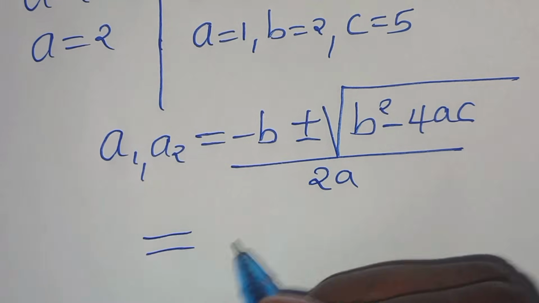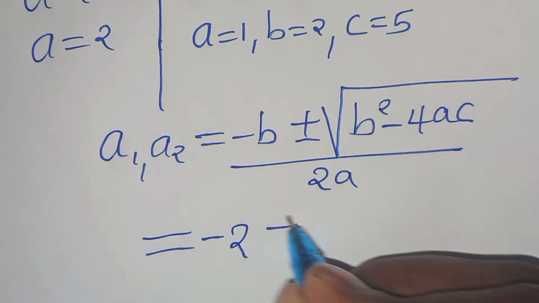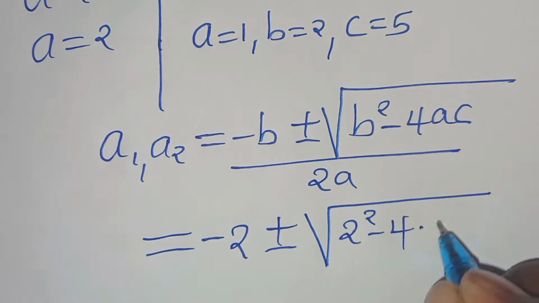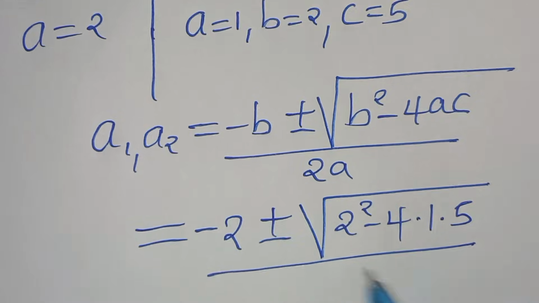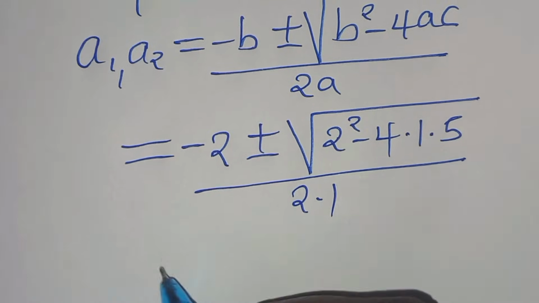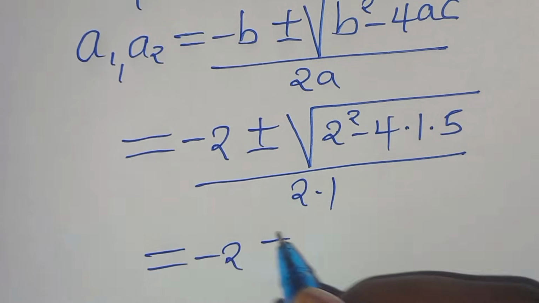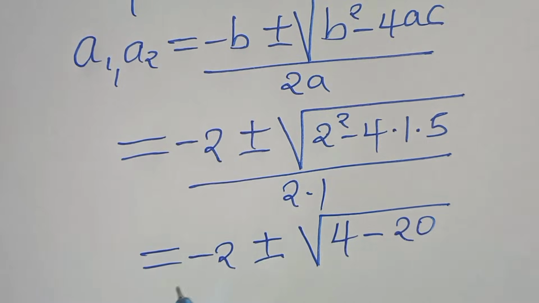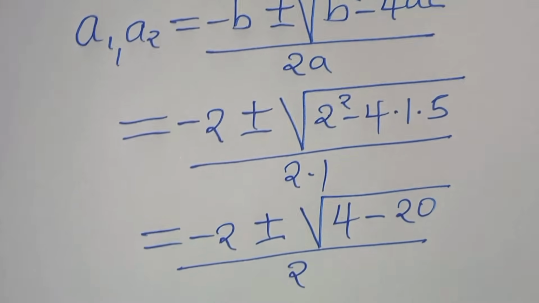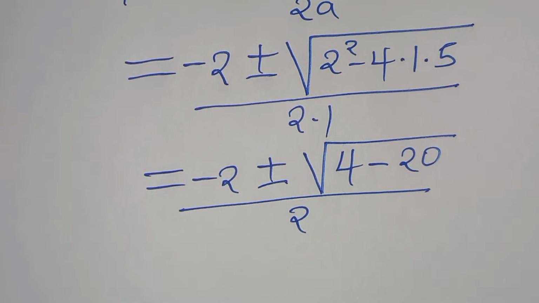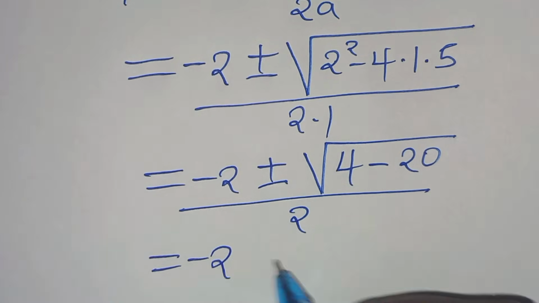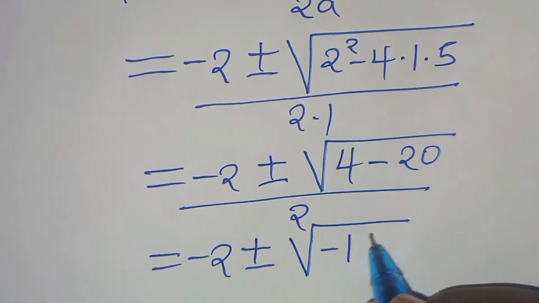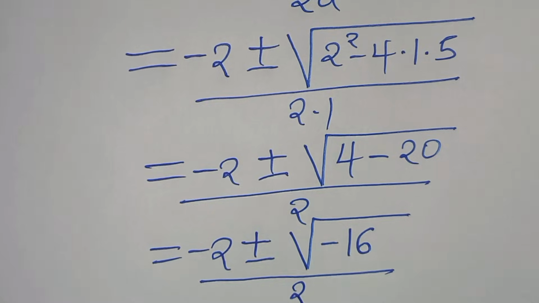So this means we have minus 2 plus or minus the square root of 2 squared minus 4 times 1 times 5, divided by 2 times 1. So now this is negative 2 plus or minus the square root of 4 minus 20, divided by 2. So this is equal to negative 2 plus or minus the square root of 4 minus 20, which is negative 16, divided by 2.